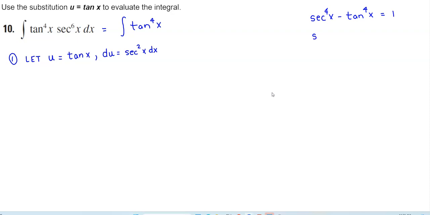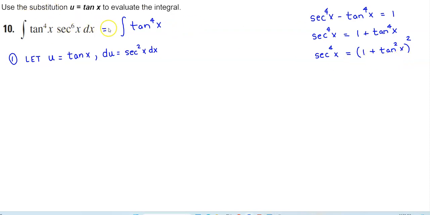We know that the secant to the 4th x is also equal to 1 plus the tangent to the 4th x. And therefore, the secant to the 4th x also equals parentheses 1 plus the tangent to the 2nd power x squared. And so that gives us the identity.